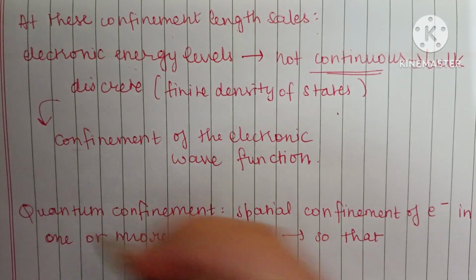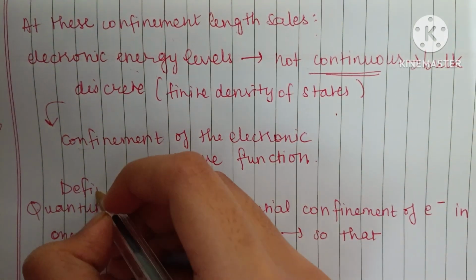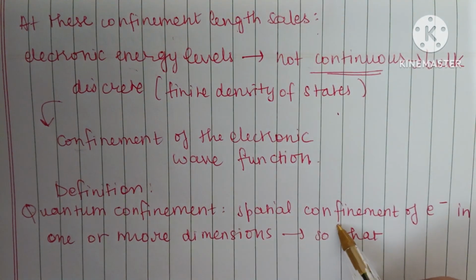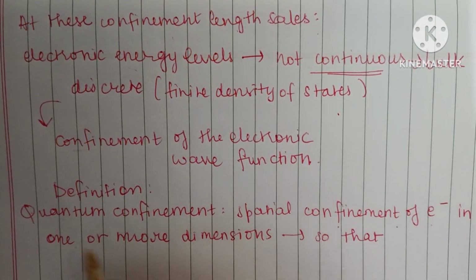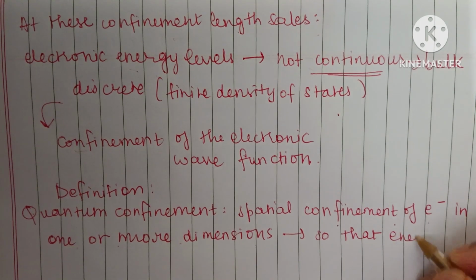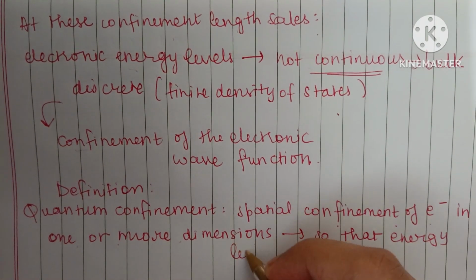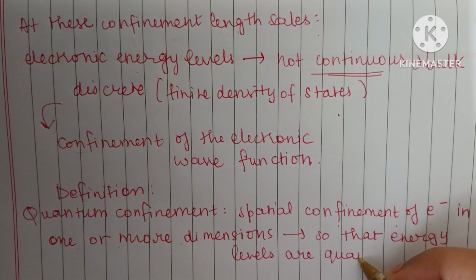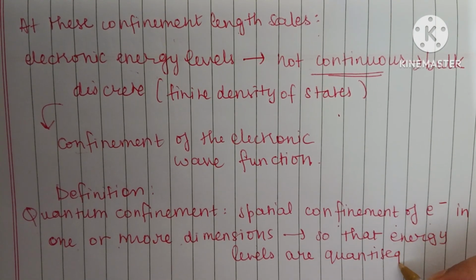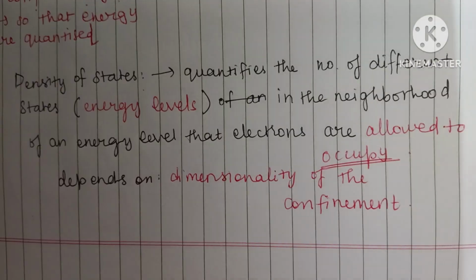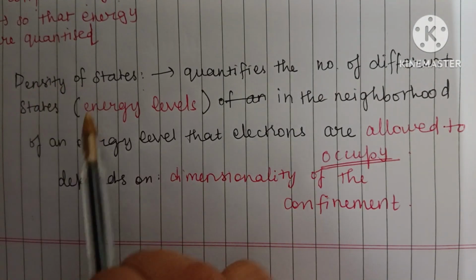So, in other words, we can give the definition of quantum confinement as the spatial confinement of electrons in one or more dimensions so that the energy levels are quantized. Let us talk about density of states.